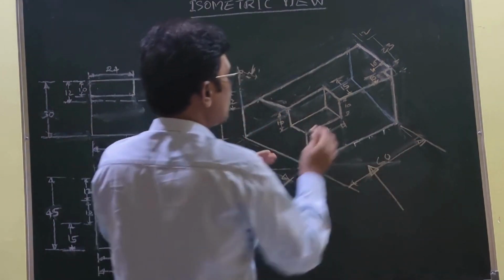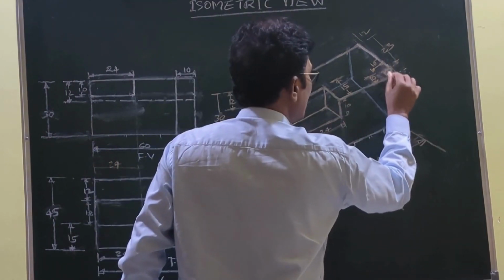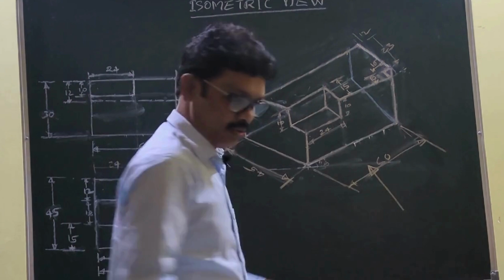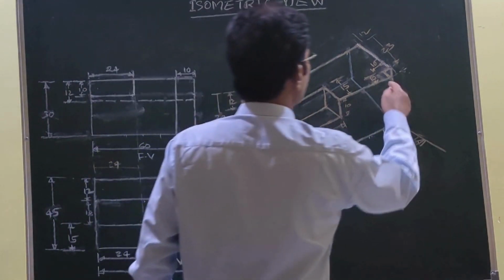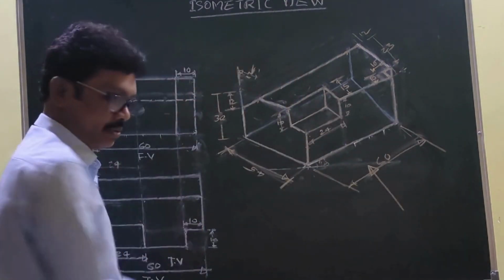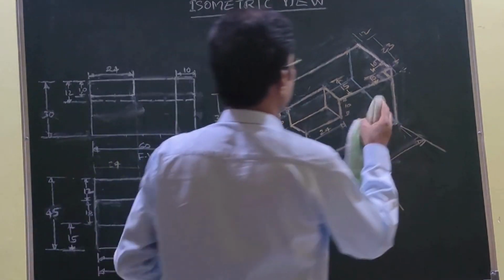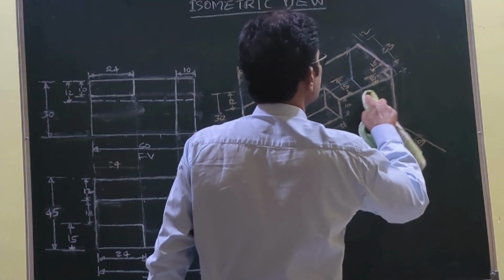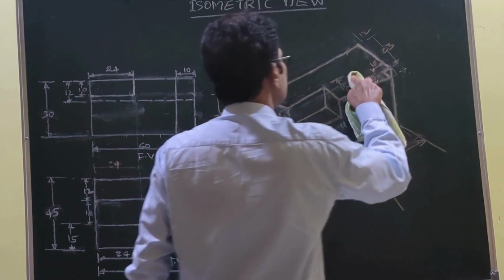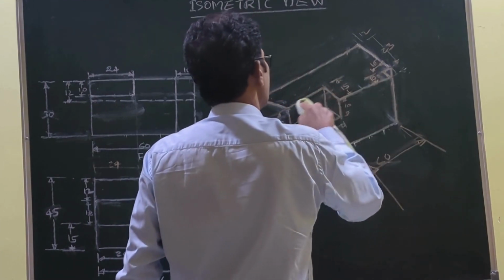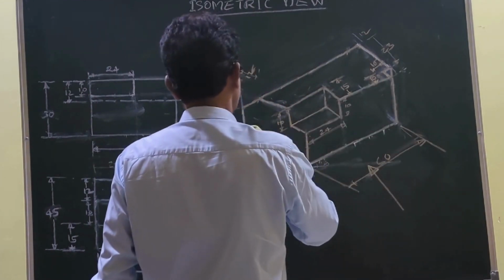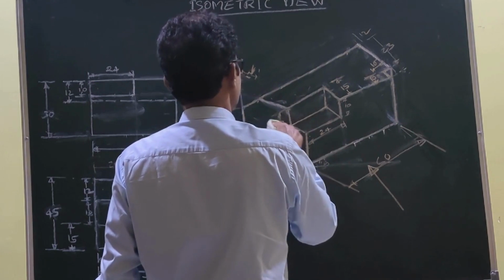Of course, you are looking in this direction, appearing like this. So therefore, like that we can develop this part. Once you develop that part, we can remove these things so that you can get a clear picture.